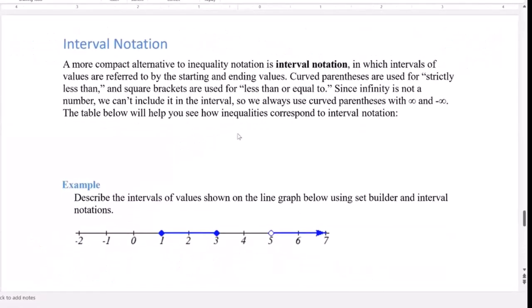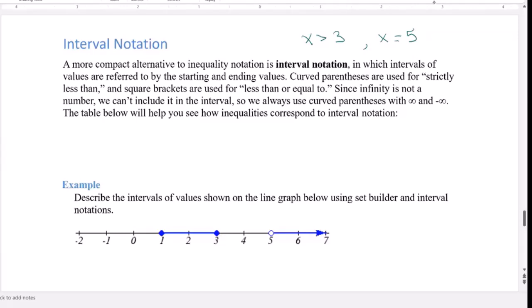We're going to talk a little bit more about interval notation. So interval notation is a more compact alternative to inequality notation. Inequality notation is like x is greater than 3, x equals 5, something like that, right? In which intervals of values are referred to by the starting and ending values.